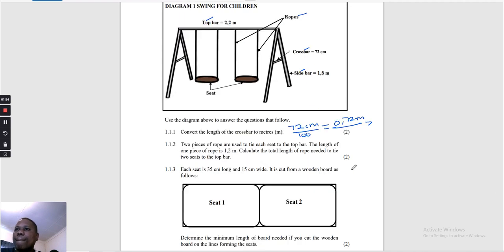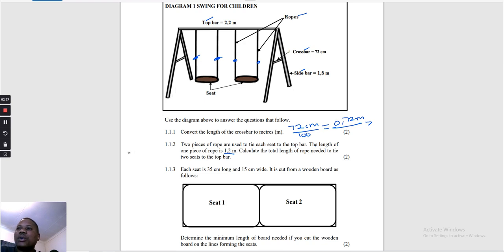They say 2 pieces of rope are used to tie each seat to the top bar. The length of one piece of rope is 1.2 meters. Calculate the total length of rope needed to tie 2 seats to the top bar. So if you look, we need one rope here, the second one, the third one, and the fourth one, because they talk about the 2 seats, not 1 seat.